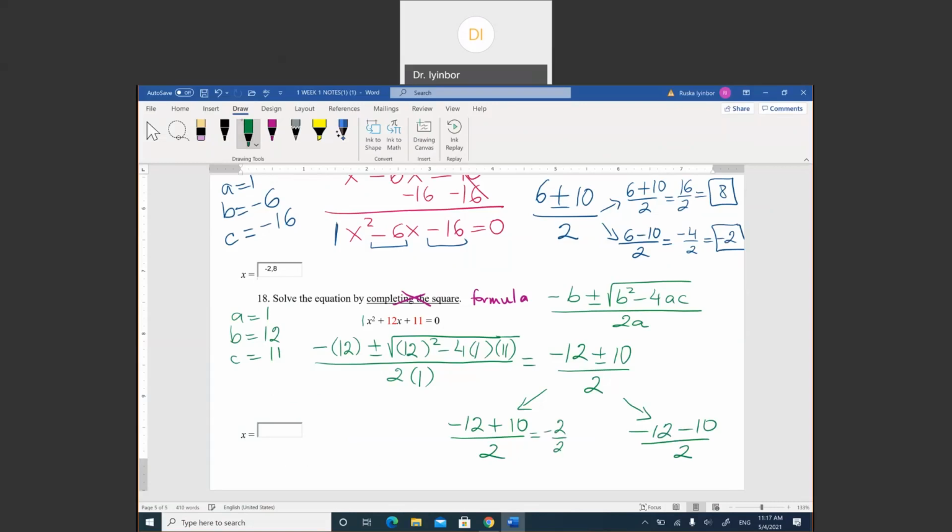It's going to be negative 1. That's my first answer. And then when I add those two, it's going to be negative 22 over 2, which is negative 11. So these are my two answers. Negative 1 and negative 11. So that concludes the lecture for today for week 1.